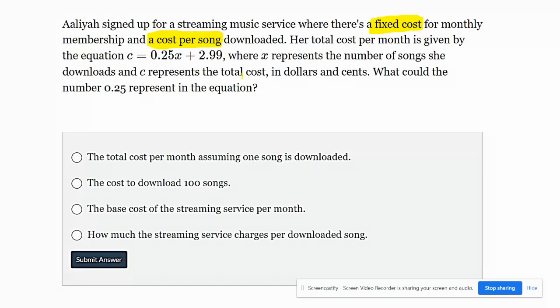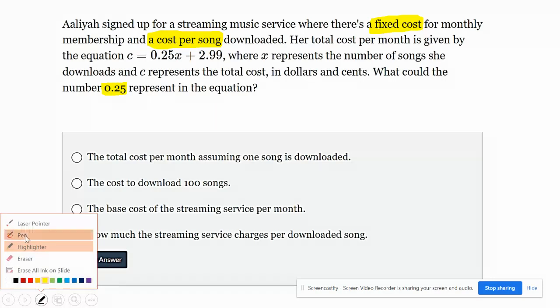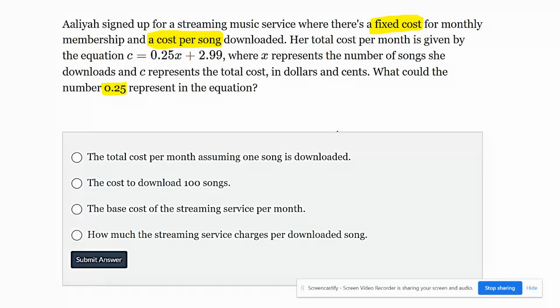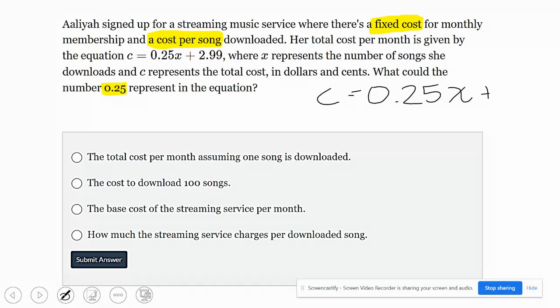They tell us that in the question. So we want to know what this 0.25 is. So hopefully you look at the equation and think about what we talked about with constants and rate of change. The constant is that fixed rate, and remember, it does not have a variable next to it. So our constant here, and I'm going to just rewrite this so I can piece it out a little bit so you can see what I'm talking about.